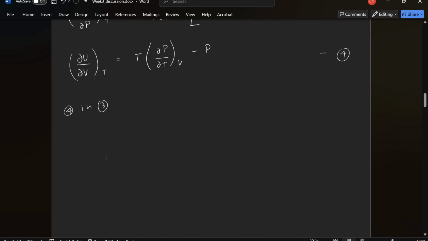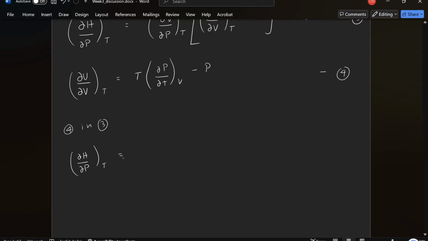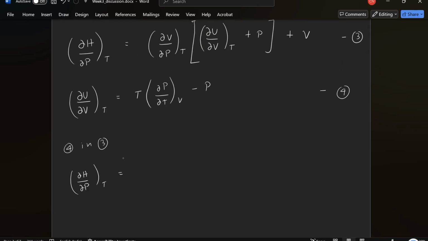If we do that, del H by del P at constant temperature is equal to, just see there, del V by del P at constant temperature times T del P by del T at constant volume minus P, plus P, plus V. So the P is going to get cancelled.